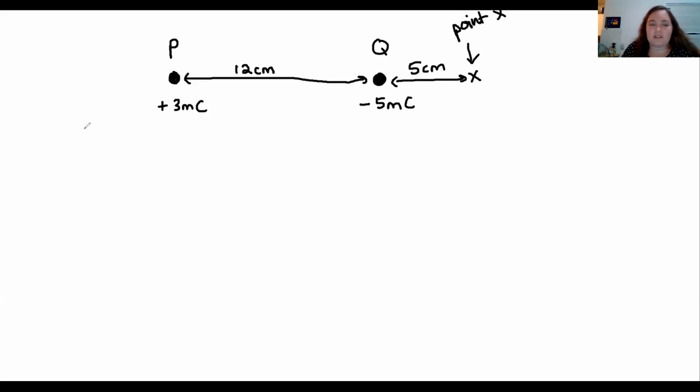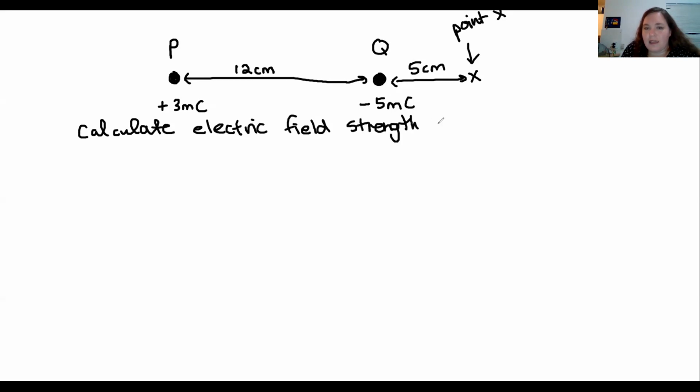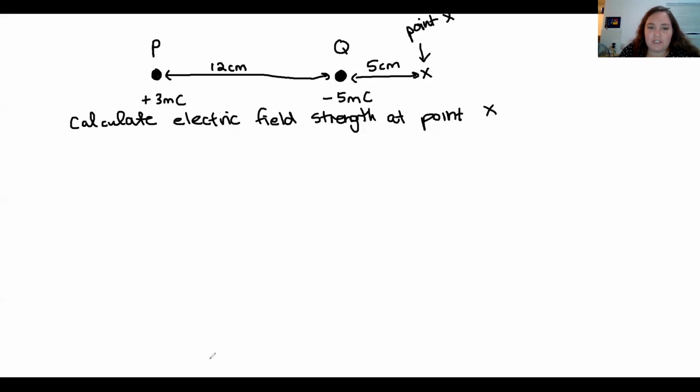And I would like, as a question, to ask you to please calculate the electric field strength at point X. So this might, for some of you, be a little bit of a challenging question. Please don't panic if it is. These are the kind of questions you're actually going to get.